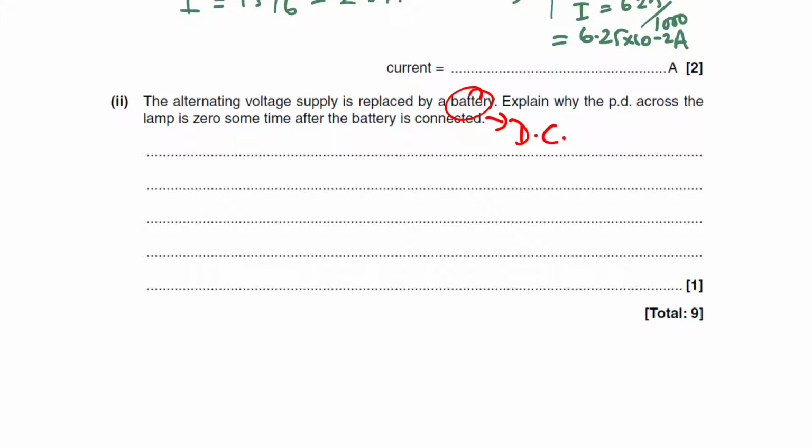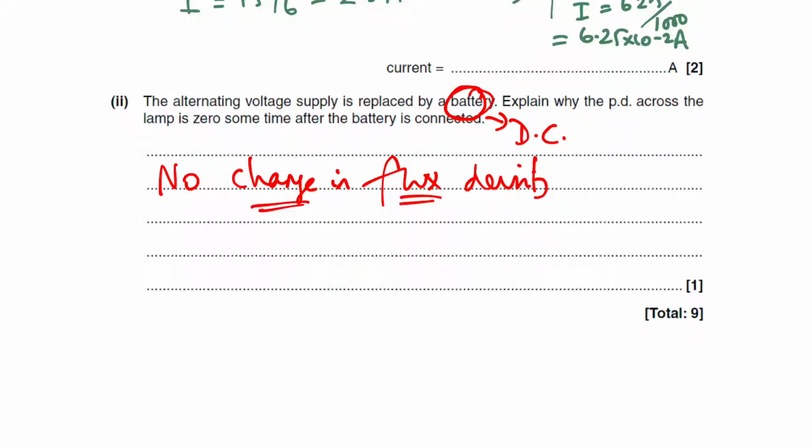As a consequence of that, there's no change in the flux density, or there's no magnetic flux linkage. Key word to use there is flux. You need something to be continually moving, to be continually changing. So if the current isn't doing that, then you don't get the change, and therefore you don't get a PD.